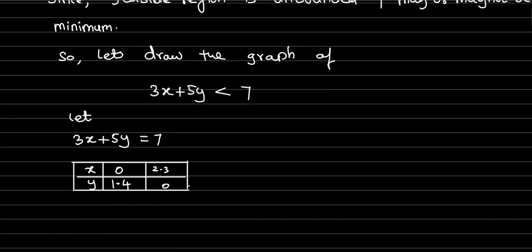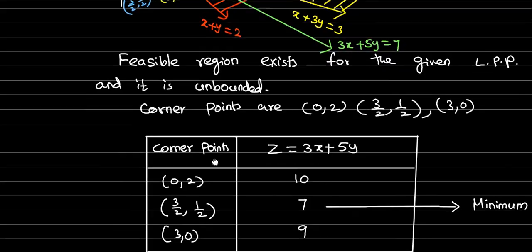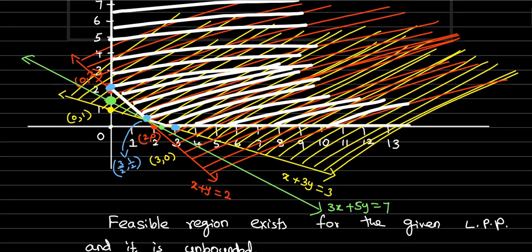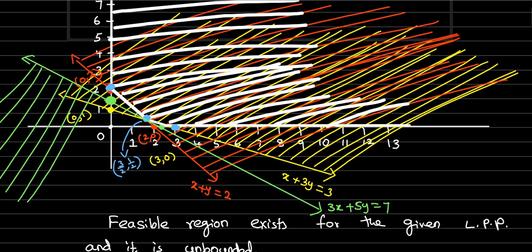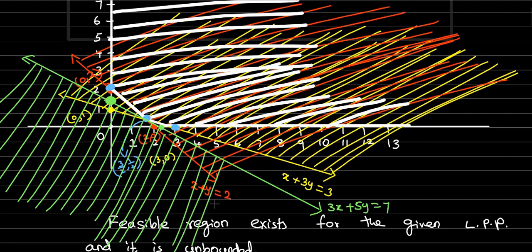If we substitute 0 for x and 0 for y, then 0 plus 0, which is 0, is less than 7. Is this true? Yes. So that means the solution space for 3x plus 5y less than 7 lies on this side of the graph.